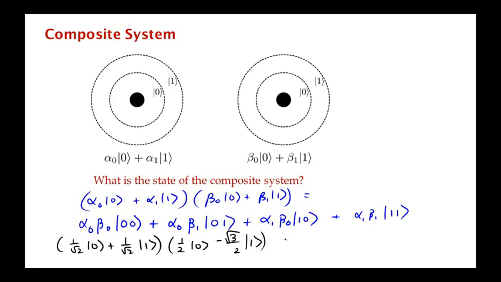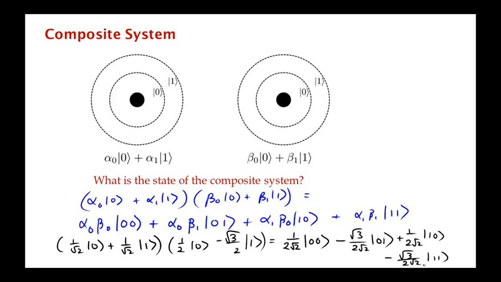Then the composite system is in the state 1 over 2 square root 2, |00>, minus square root 3 over 2 square root 2, |01>, plus 1 over 2 square root 2, |10>, minus square root 3 over 2 square root 2, |11>. Okay, so that's quite simple.